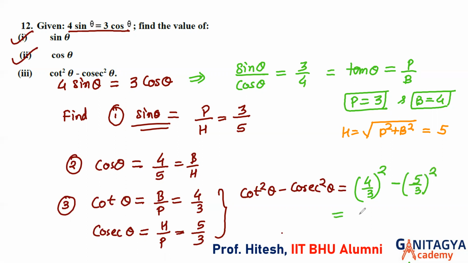So 4 square upon 3 square minus 5 square upon 3 square. You will get minus 1. How? Take 3 square common: 4 square is 16, minus 25, that is minus 9 by 9, that is minus 1.